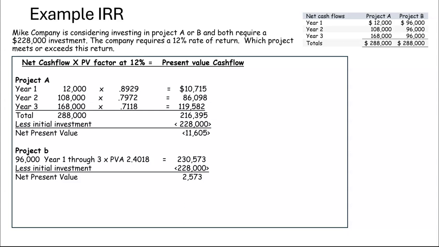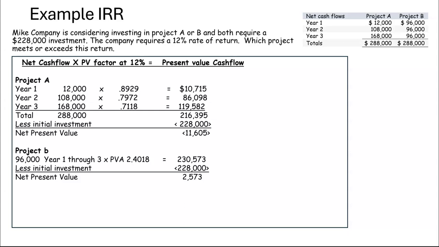So for Project A, we're going to have to use present value factors because the funds are uneven. In that case, it turns out that the internal rate of return, I can tell you right now, is less than 12% because we have a negative net present value. So we wouldn't do that if we demand that the minimum rate of return is 12%.